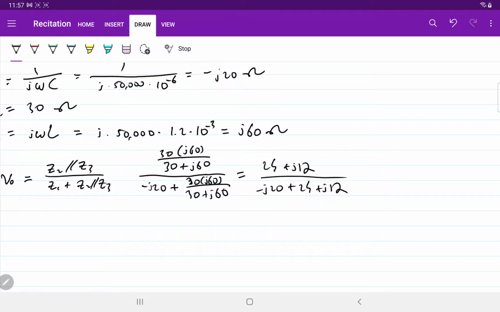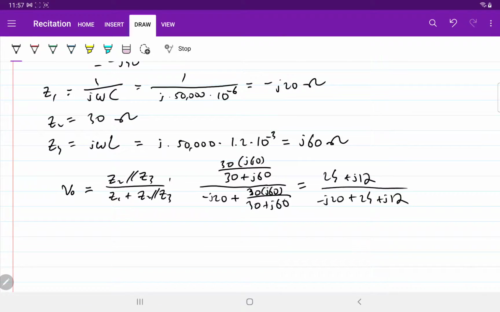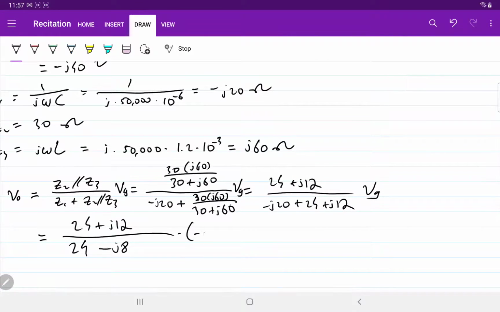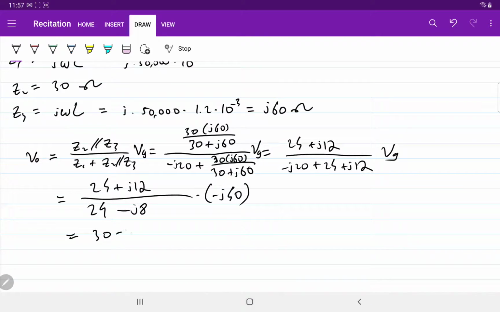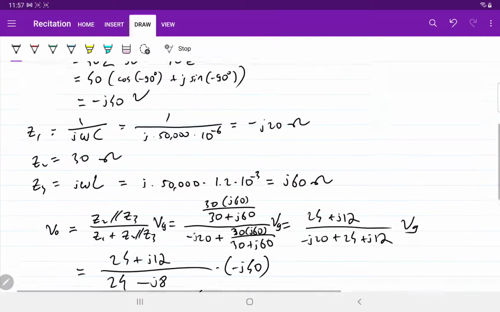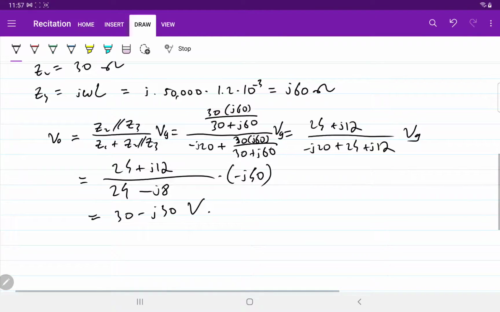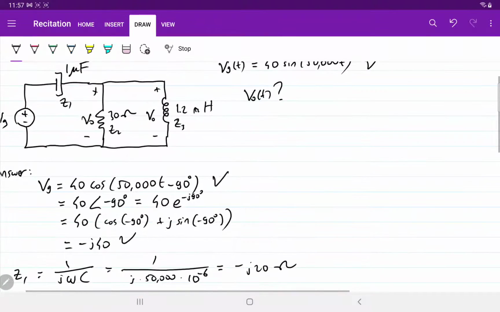So I should multiply this with the Vg, right? So 24 plus j12 over 24 minus j8 multiplied by Vg, which is minus j40. So this gives 30 minus j30.